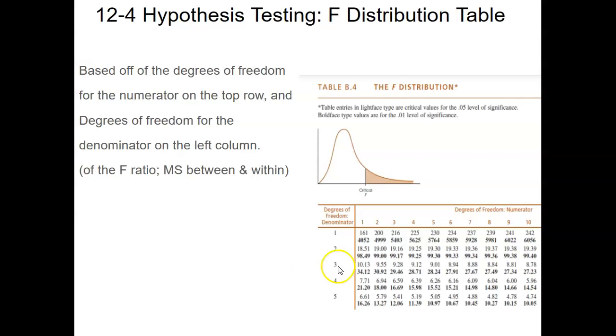As you can see here on the columns, we have little k minus 1, which is however many groups you have, minus 1. And on the left, we have the degrees of freedom of the denominator, of the within mean squares. The bold face represents alpha level of 0.01, and the light face represents an alpha level of 0.05.